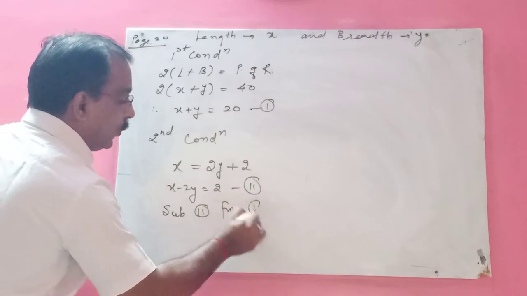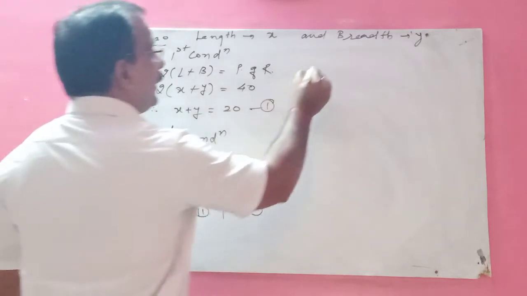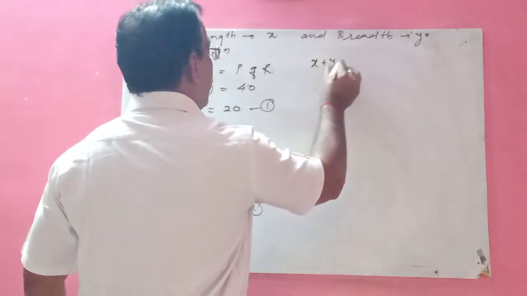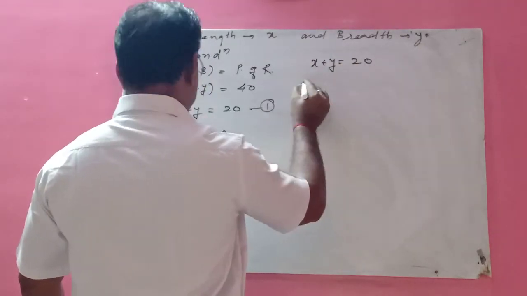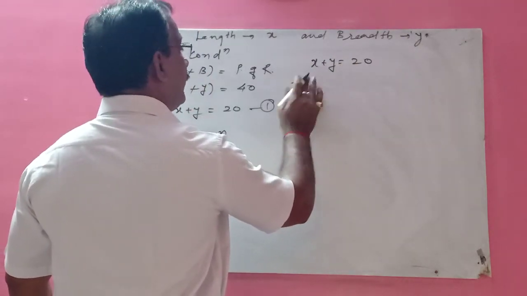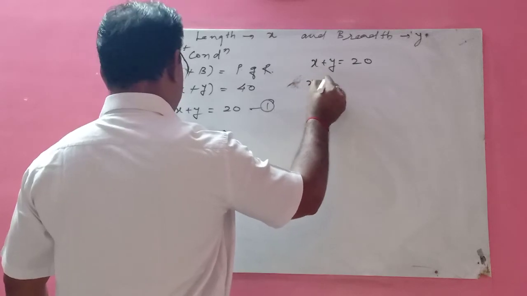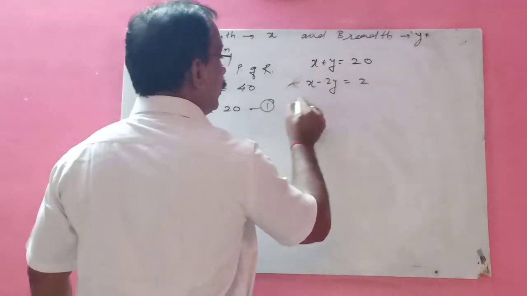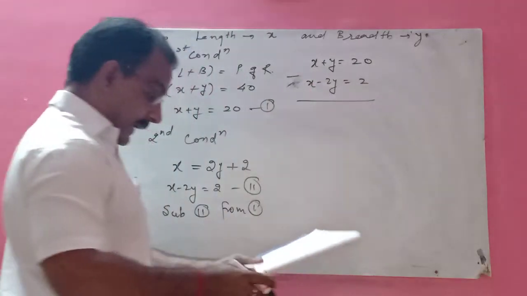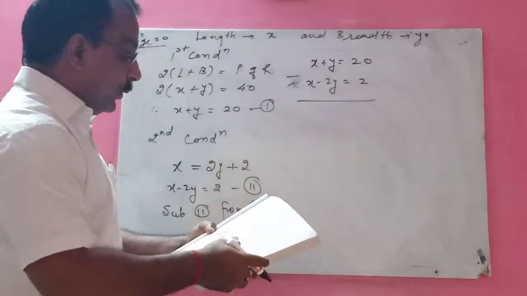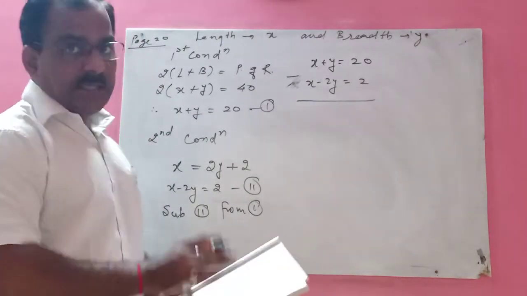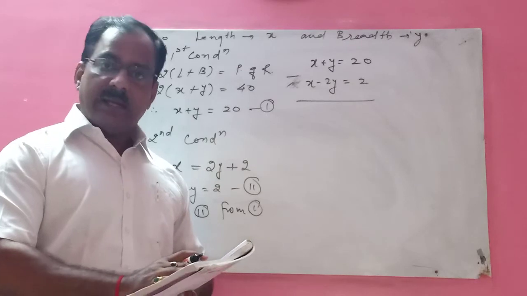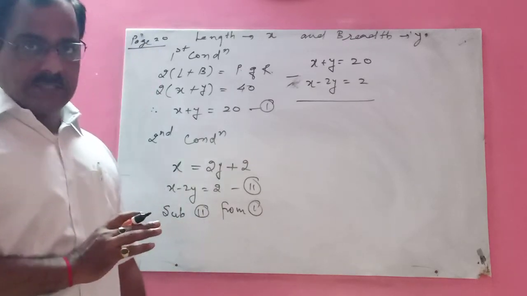So x plus y equals 20, and x minus 2y equals 2. Whenever there is a subtraction, children, you have to change the sign. In the textbook they have done this sum by Cramer's rule; I am doing it by the simultaneous method.